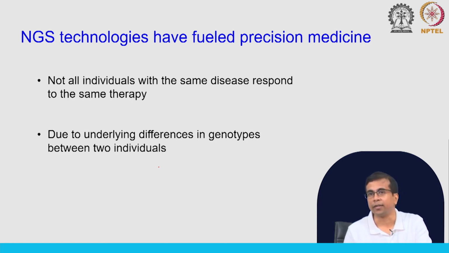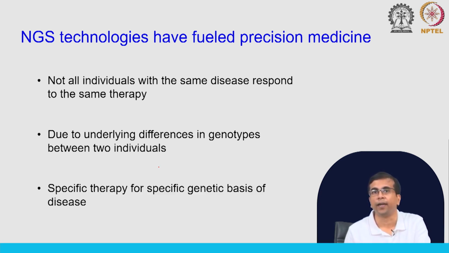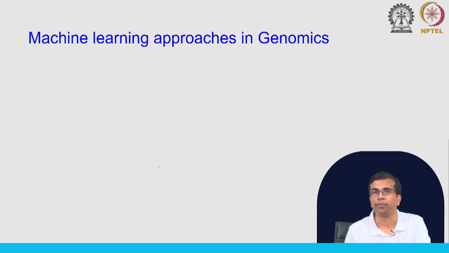This is because of differences in genotypes between two individuals, and also in how the disease is progressing, which we can now study through analysis of NGS data. We can then design specific therapy for the specific genetic basis of disease. This has been termed precision medicine. So, we do not give the same treatment to all patients with the same disease. We can identify subtypes or the genetic basis, and specify specific treatment for each patient.